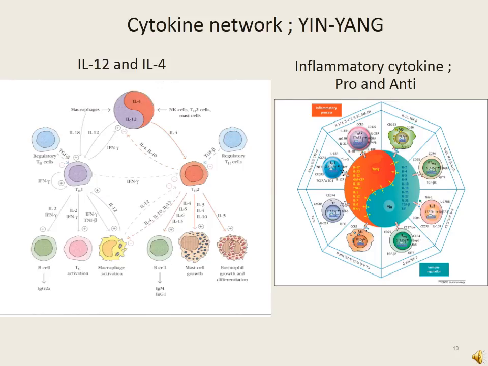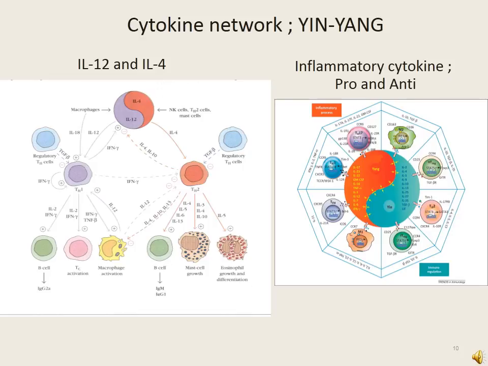As from the previous slides, we know that cytokines can have pleiotropic activity, synergistic activity, as well as antagonistic activity, and one cytokine will play a role on one cell and induce another type of cytokine release.